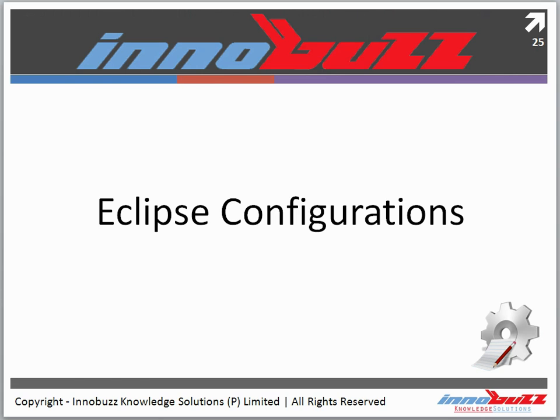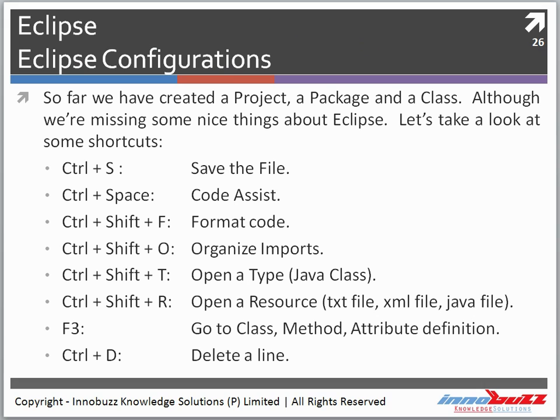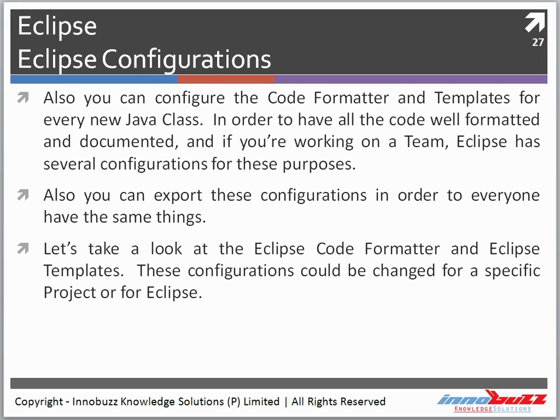Eclipse configurations. Here you have some of the shortcuts used by Eclipse to improve the coding of the developers. They're very useful because they will give you independence from your mouse and improve your coding. On Eclipse, you can configure many other things as well, and other important ones are the code formatter and the code templates.